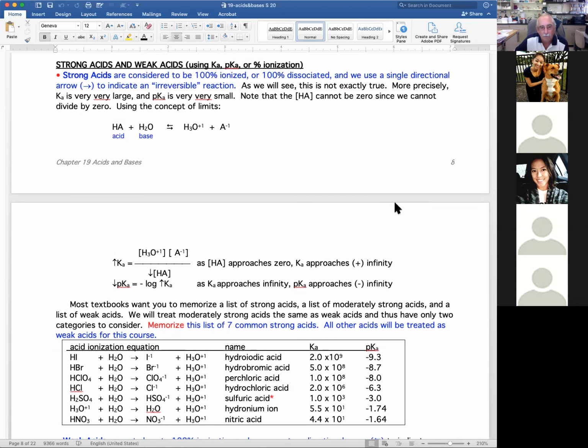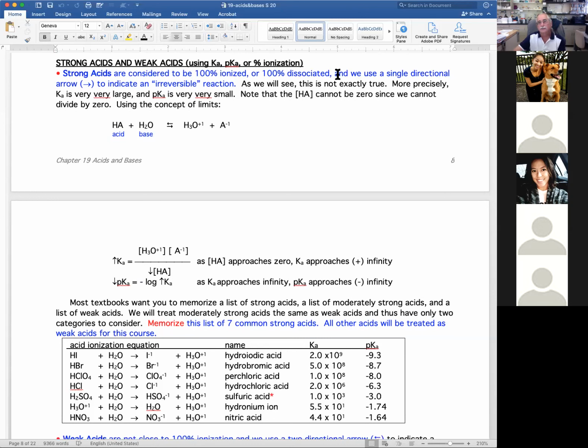So now, what about strong and weak acids? Strong acids are considered to be 100% ionized, 100% dissociated, and we use a single directional arrow to indicate an irreversible reaction. Okay? Like here's a list of strong acids. Notice that I'm all using one directional arrows right there.